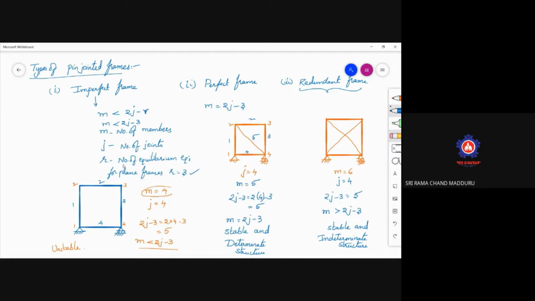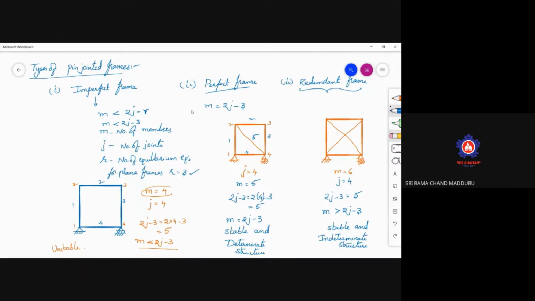So in our first major unit, we are studying pin jointed perfect frames. Here in the pin jointed analysis, how are we classifying? First of all, we have seen that the types of frames are two categories: plane frames and space frames.